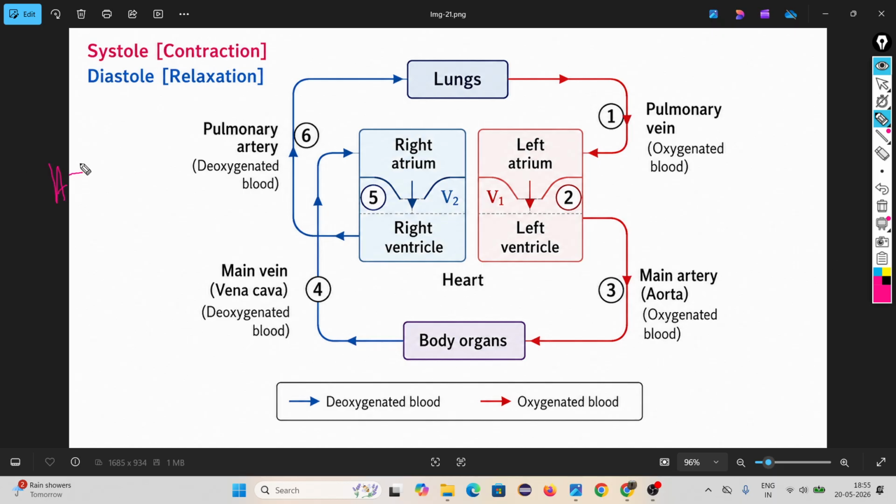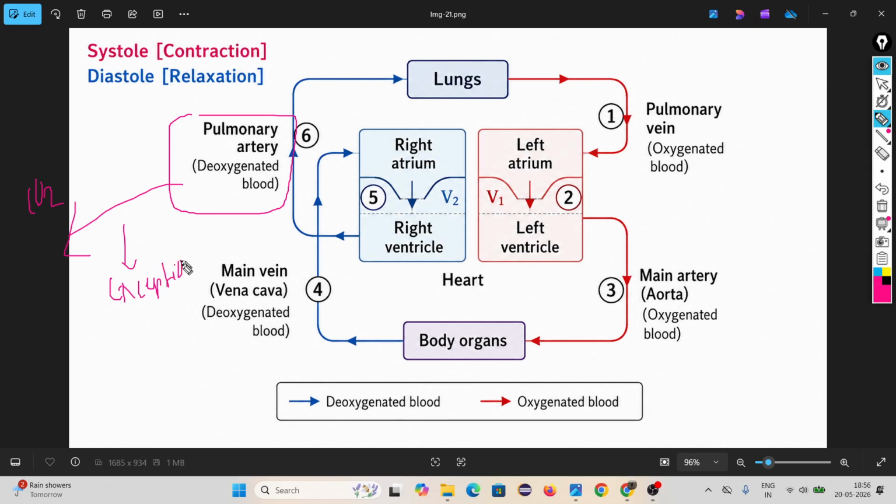Artery means blood with oxygen. Vein means blood with carbon dioxide. But there is an artery called the pulmonary artery. This is the only artery inside our body that carries carbon dioxide blood. This is the exception.